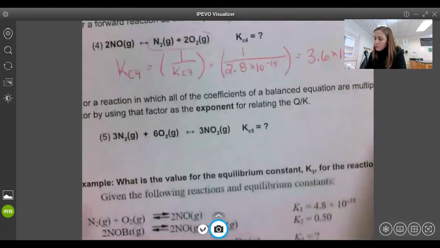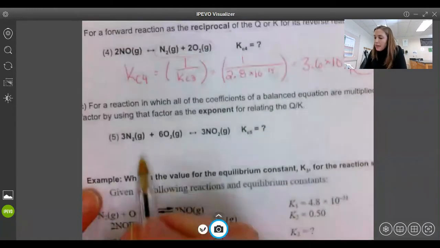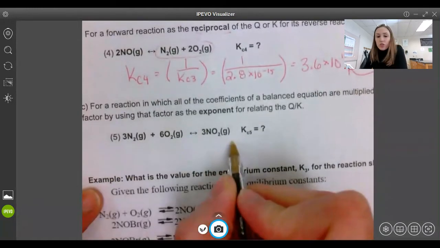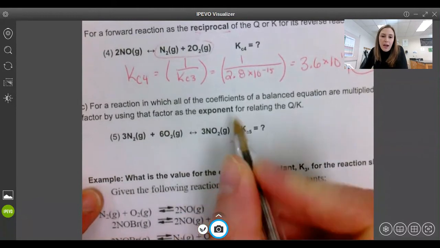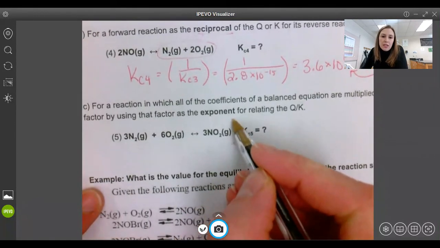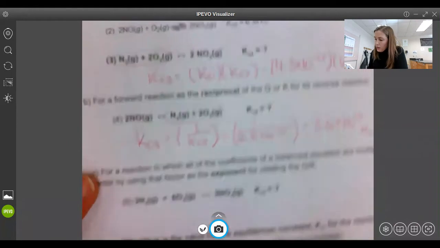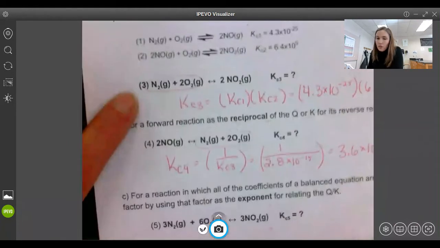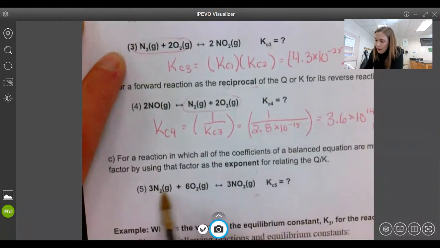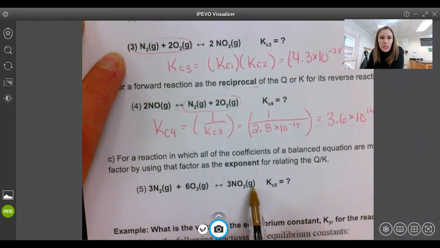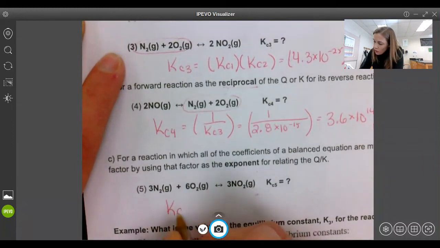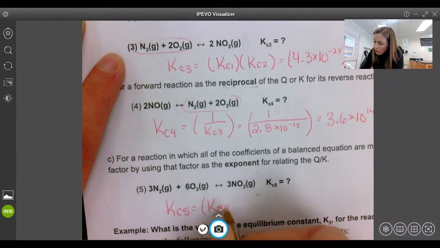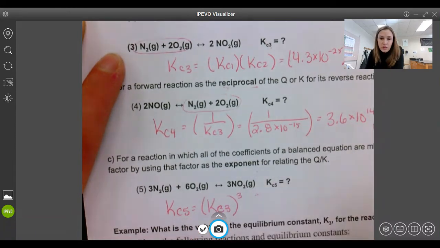All right, and then the last little piece we talked about was if we change the coefficients by a common factor, we're going to be taking K and raising it to the exponent of that. So this equation here is based off of our equation 3 again. So I can see that I've multiplied all of my coefficients equally by 3. So if I'm looking for Kc5, this would mean I'm going to take Kc3 and raise it to the third power.